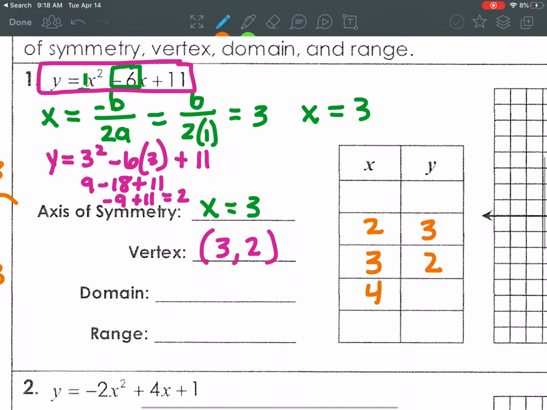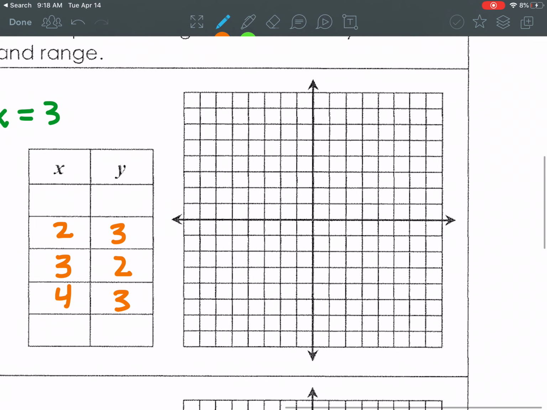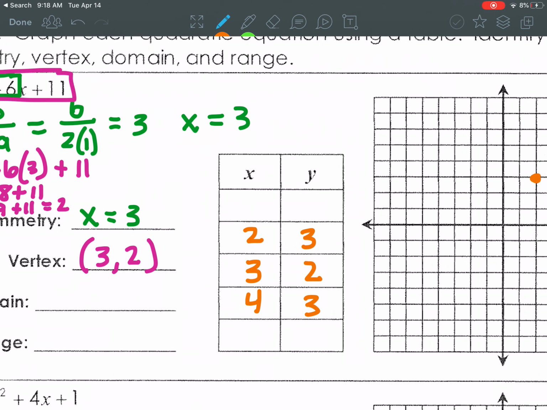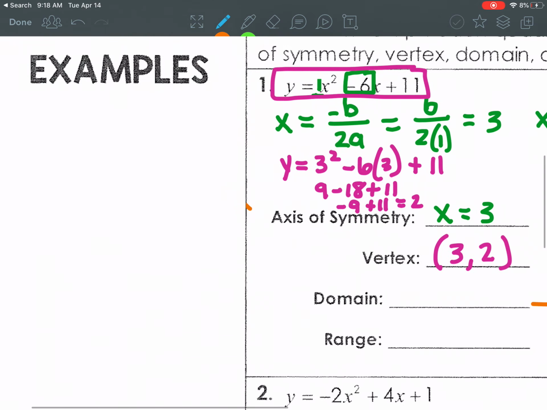So it does work out because, like I said, over that dotted line, it should be a mirror image. So we have that one plotted. It does help to plot at least 2 more points. Again, they should have the same y value. So I'm going to go one smaller and one bigger.